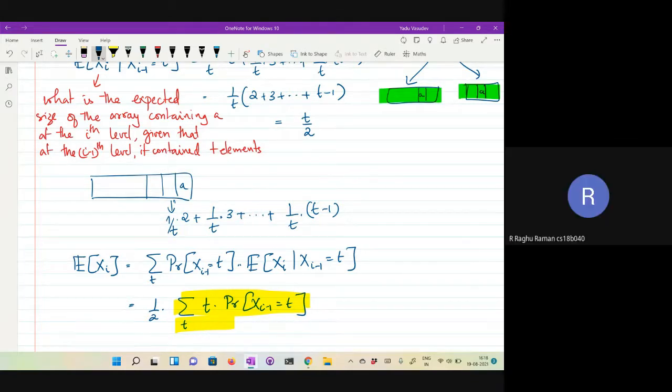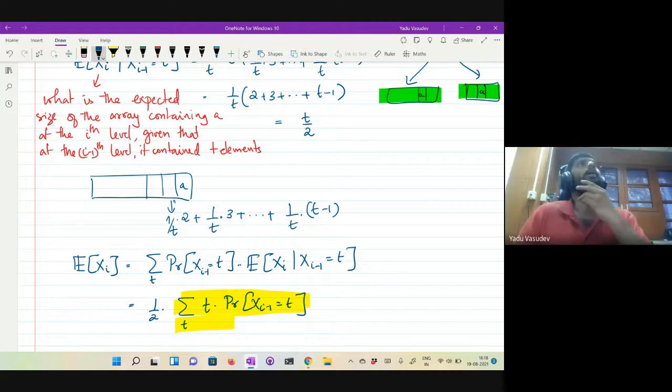Can you explain why it's t by 2 again? What if A is exactly in the middle of the sorted array? Let's see what happens if A is in the middle of the sorted array.